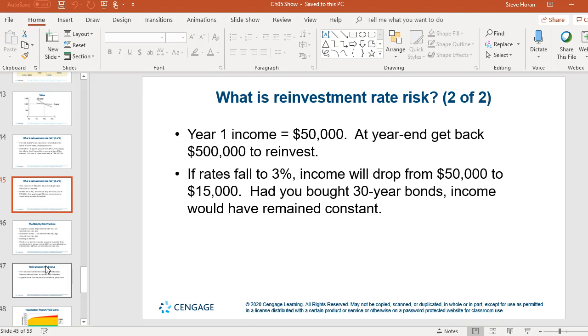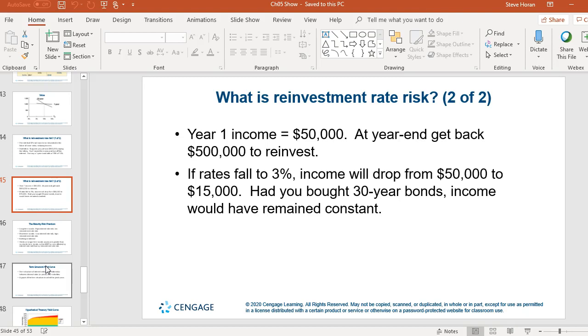So I've got $50,000 for that year, and I can live on that. Now, what happens if in the next year, after your bond matures, it's time to reinvest and buy new bonds? I've got this $500,000 ready to reinvest, and now the market rate of interest has dropped dramatically, and now I can only buy a 3% bond. My income drops from 50 to 15.